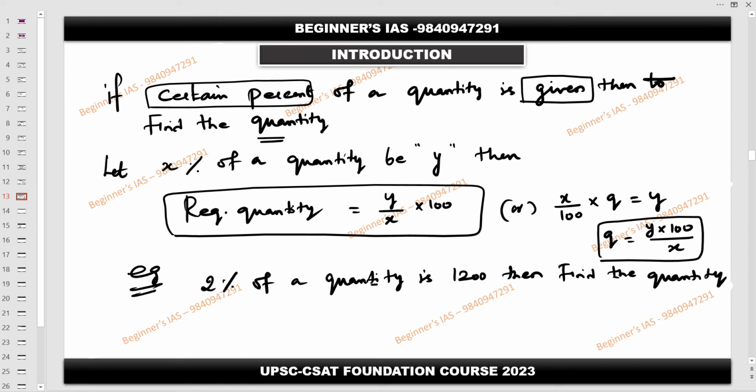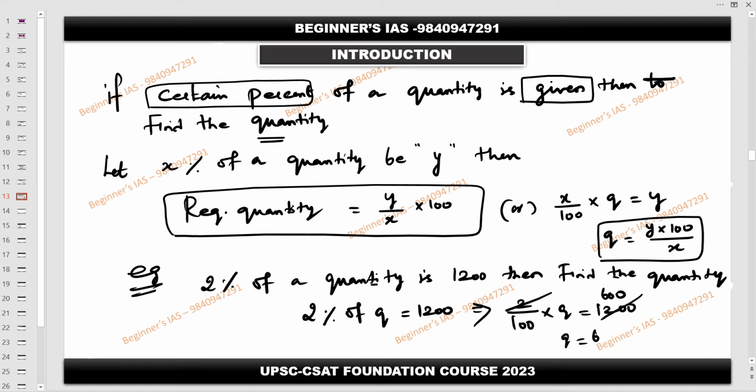60,000. So now listen, it's a simple question, right? 2% of Q is equal to 1200. Find the Q. So 2 by 100 into Q is equal to 1200. I'm just cancelling this, it will become 600.